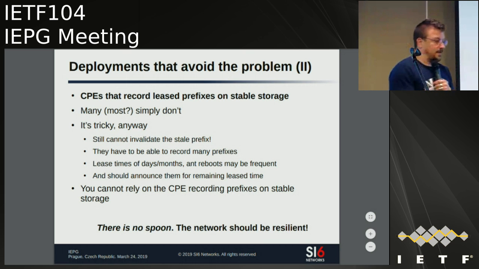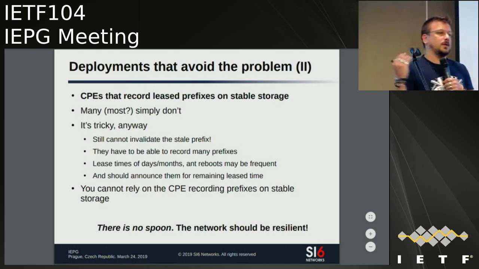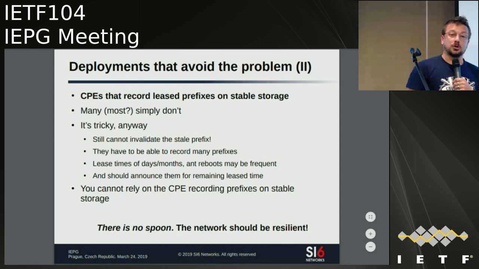Now there are a number of problems, or this is kind of tricky. First of all, if you look at RFC 4861, it says that if a prefix information option has a valid lifetime shorter than 2 hours, the valid lifetime should be ignored.